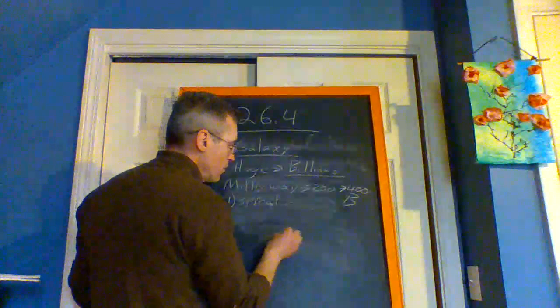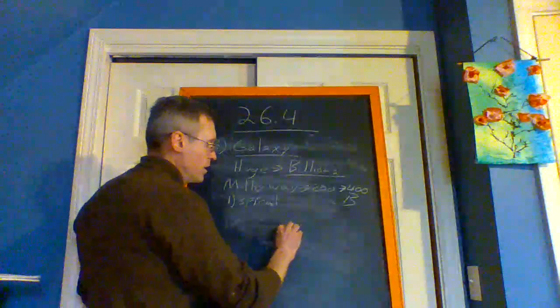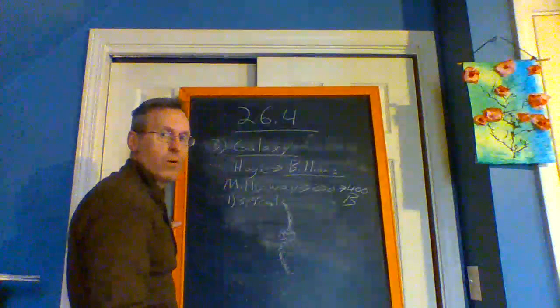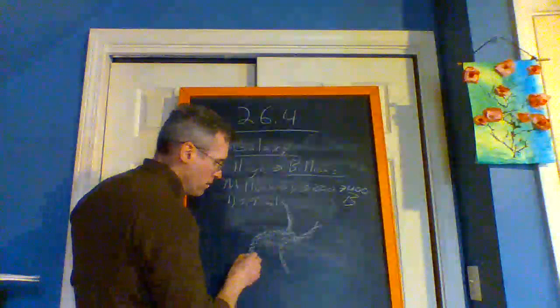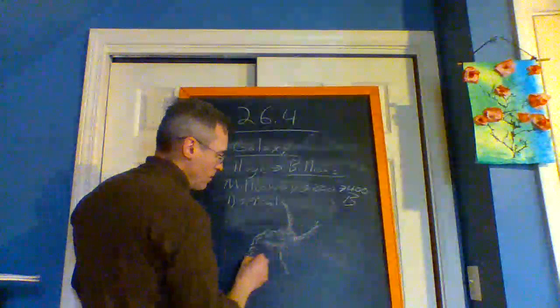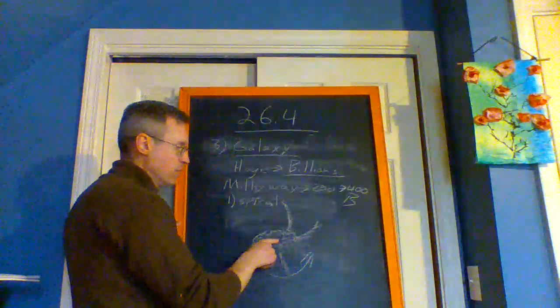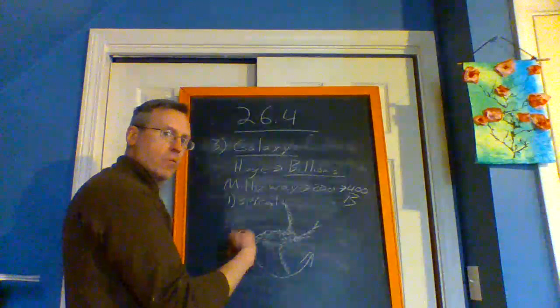You have a dense center of stars, and you have what are called spiral arms that go out from it like that, and it turns. These are called the arms. This is called the galactic nucleus, the center.